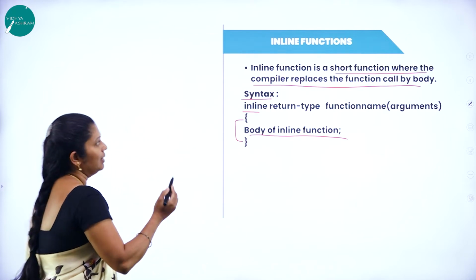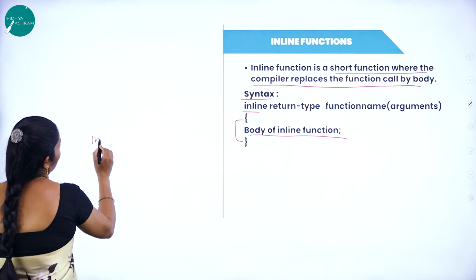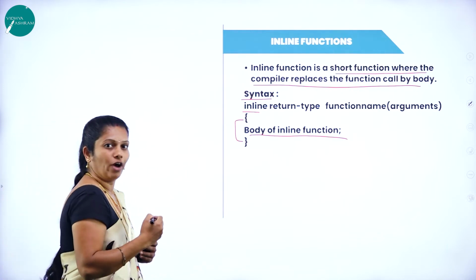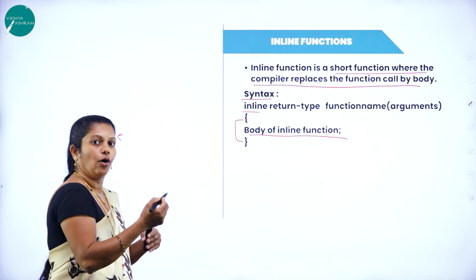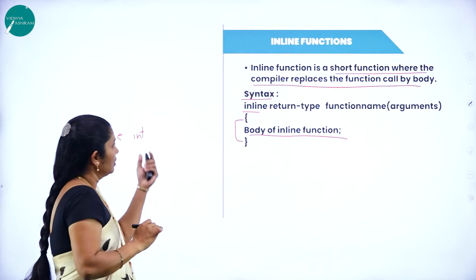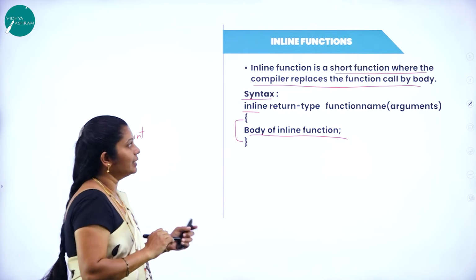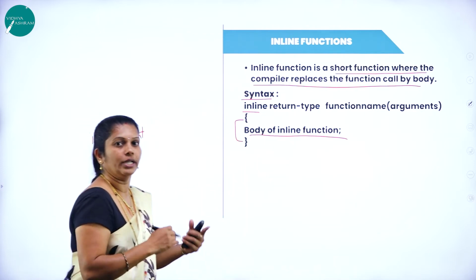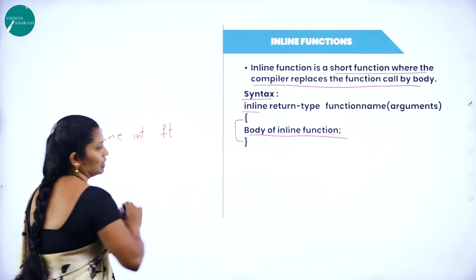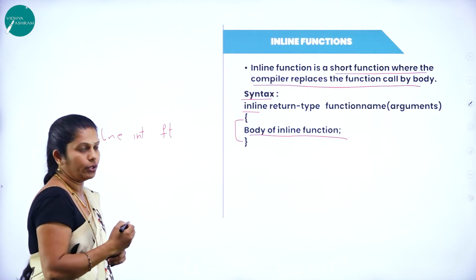For example, here I write inline. Then the return type, which means the type of value you want to generate after calculation. For example, I am going to give it as integer. Then whatever function name you want, you can write. For example, ft is the function name; whatever name you want, you can give.